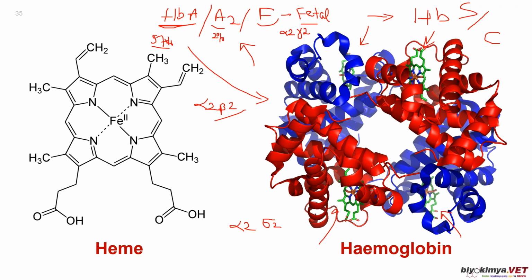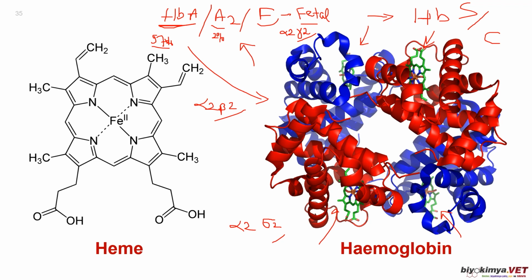A, beta. A2, it's delta. In fetal hemoglobin, it's gamma globin. Fetal hemoglobin is so crucial for the fetus because it can transport oxygen more efficiently than the other types, which is necessary to meet the oxygen demand of the fetus.